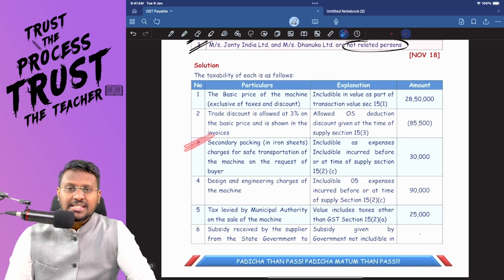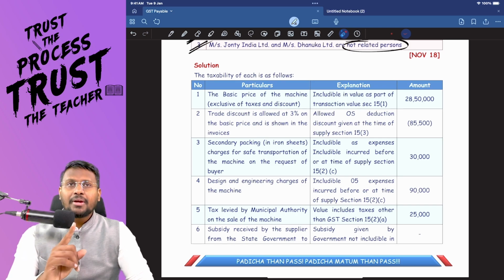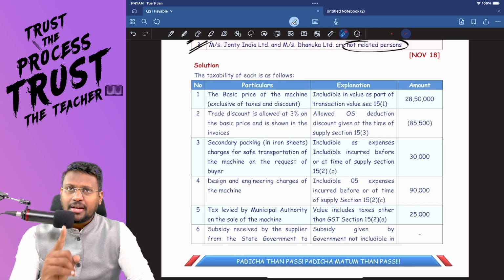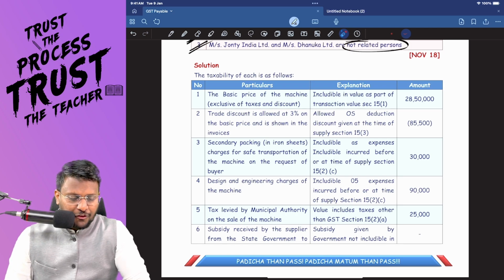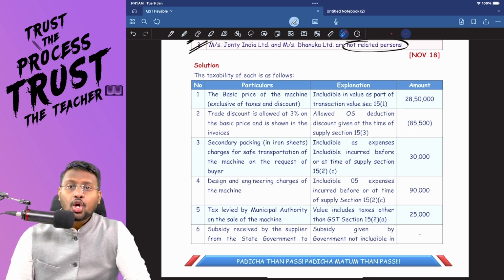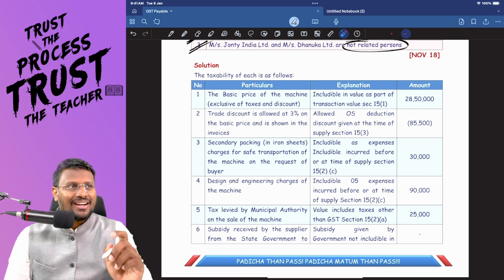Sir, is this packing, primary packing, secondary packing? If that consideration is collected from the recipient, it will become incidental expenses. Incidental expenses should be included in the value of supply as per 15 subsection 2 clause C. Clause C is talking about incidental expenses.